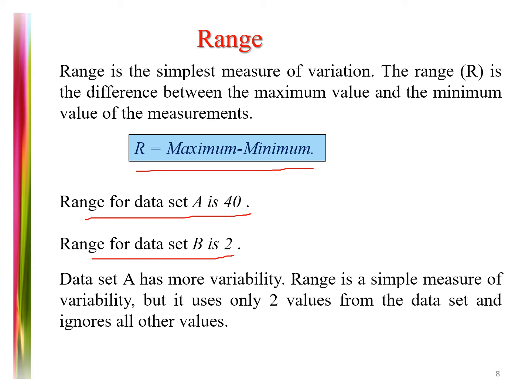So data set A has more variability. Range is a simple measure of variability, but it uses only two values from the data set and ignores all other values. Maybe there are situations where the range is important, and there we can use it.